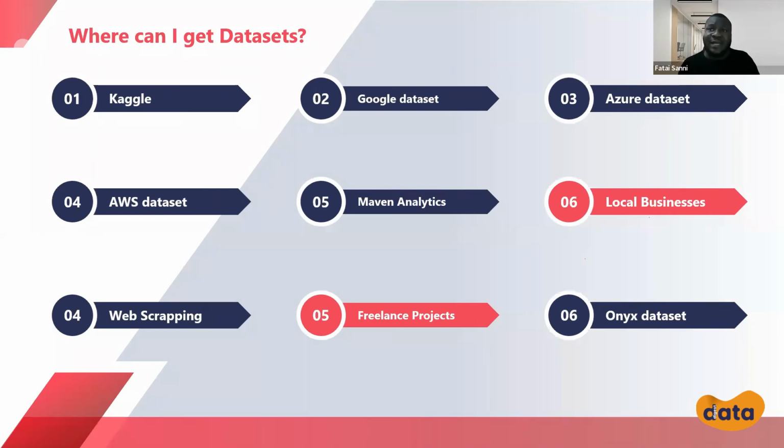I know of Maven Analytics, and I also know of Onyx. These platforms put forward challenge-style or competition-style projects from time to time, that speak to a case study of what the problem is, what we are looking to achieve, and what approach you should take. And that is how we should really look at a project.